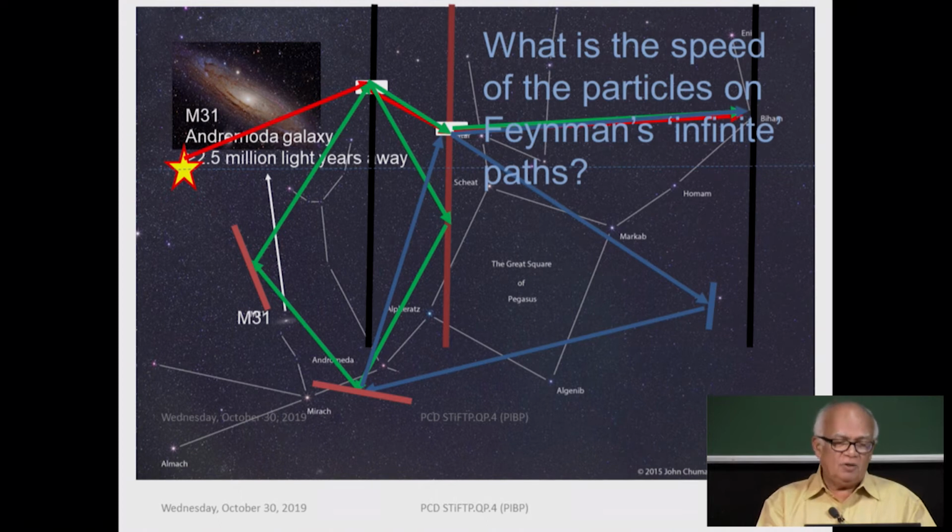So Bohr told him that no, you have to look at it, and if you look at it, the system will collapse into an eigenstate. So if you measure the velocity of the particle, the system will collapse into a velocity eigenstate and it will no longer be in a position eigenstate, and then you will not even be able to talk about the particle being on that track, because for the particle to be on a particular track, you need to know its position.